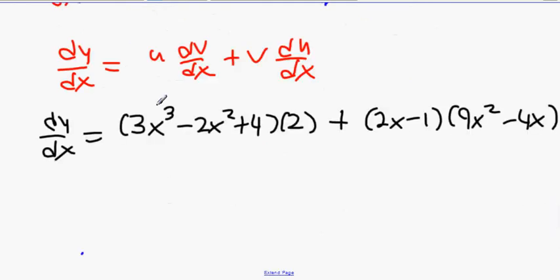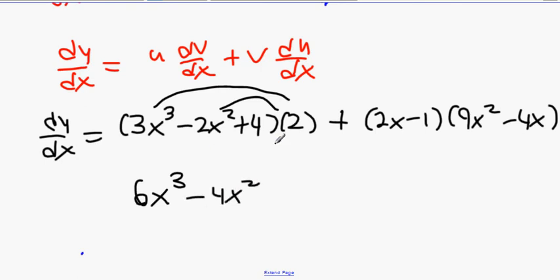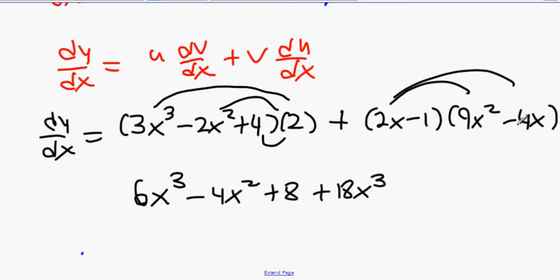And when I multiply them, I'm going to get 2 times 3x cubed, which is 6x cubed. Sorry, 2 times 2x squared, which is minus 4x squared. 4 times 2, 8. Go again, 18x cubed. 2x by minus 4x gives me minus 8x squared, minus 9x squared, minus 1 by minus 4x is plus 4x.